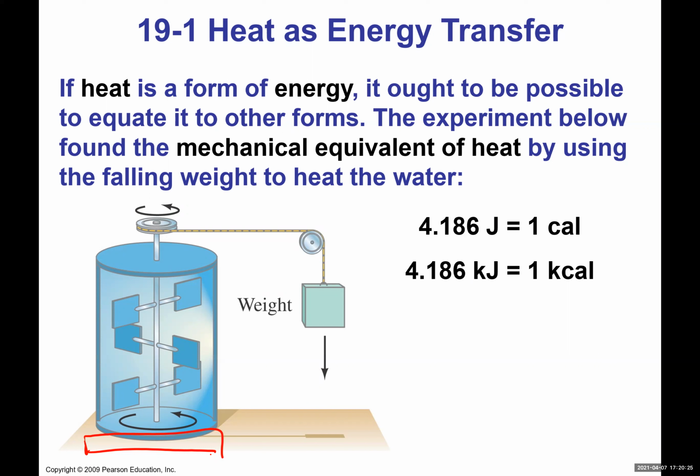I can achieve the same amount of increase in temperature if I do mechanical work and just convert that to heat energy. And what he did is, you can see, there's a pulley, there's a mass attached to the pulley on the other side that we can, relative to the ground, calculate the potential energy, mgh.